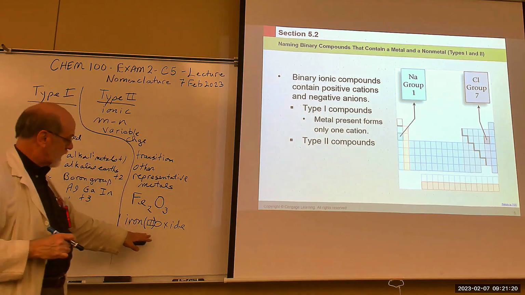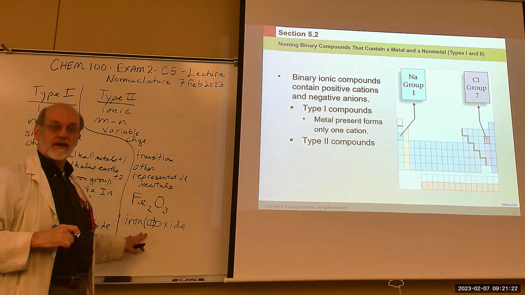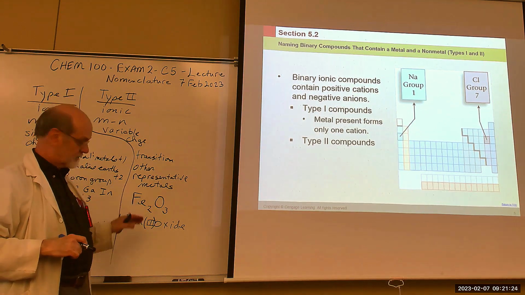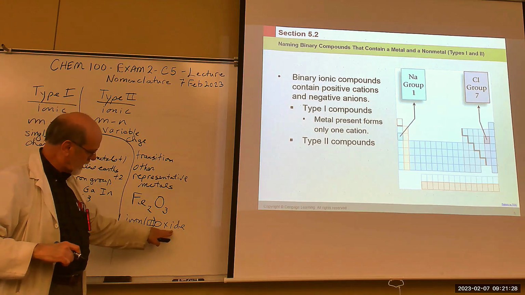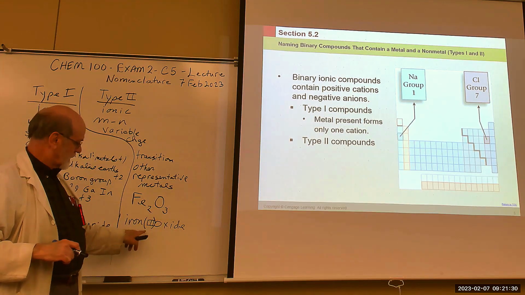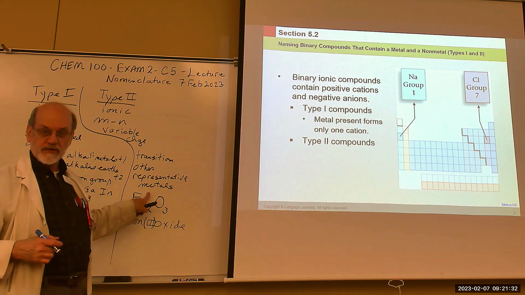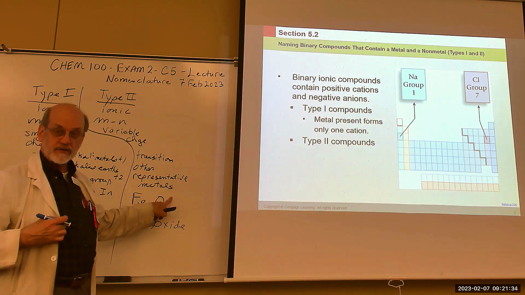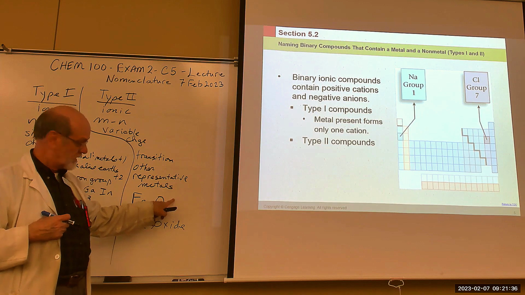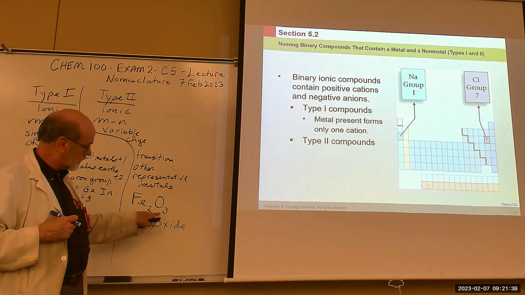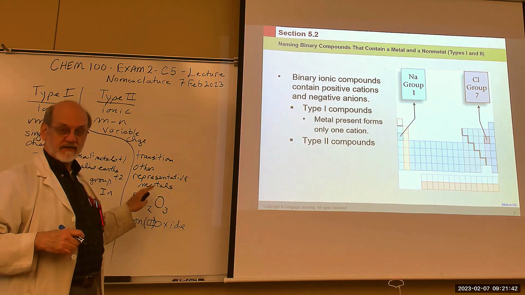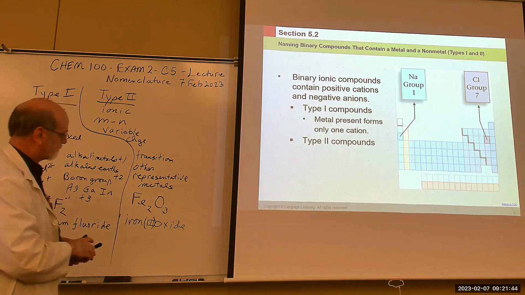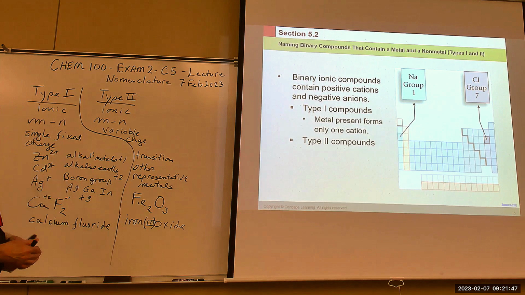And this way, we can also take that name and write the compound from it. We can take this, say, okay, it's got iron in it, bam. It's got oxygen in it, bam. This has a 3+ charge, write the charge. Oxygen always has 2- charge, write the charge. Then you can deduce the subscripts based upon balancing the charges. Type 2 compounds.